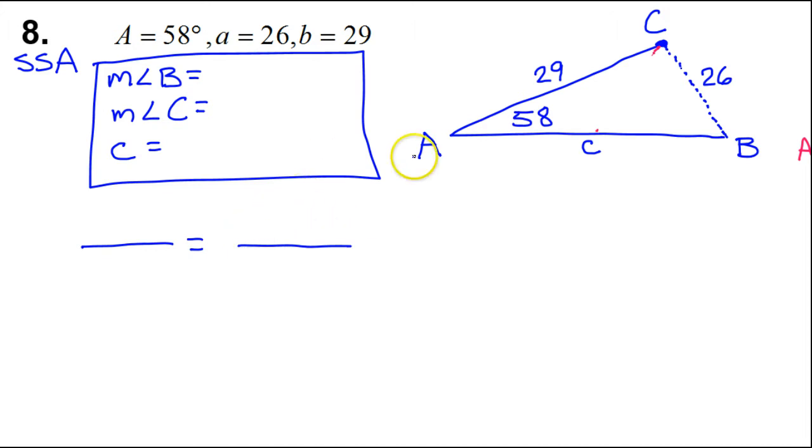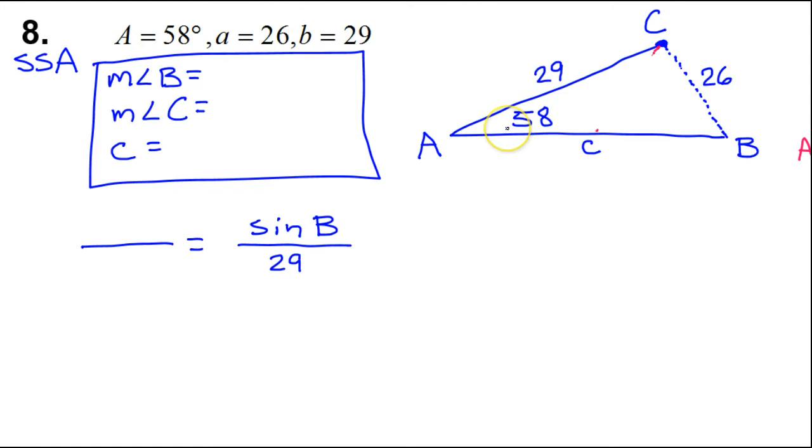Now, I go by whatever it is I'm trying to find, I put in the top. So if I'm going to try to find the angle B, then I'm going to put the sine of angle B in the top. It saves me one step. So I'm going to do the sine of angle B in the top, which means I'm going to put side B in the bottom.